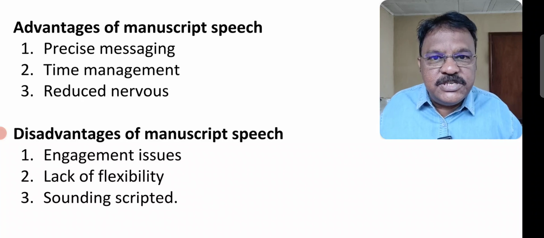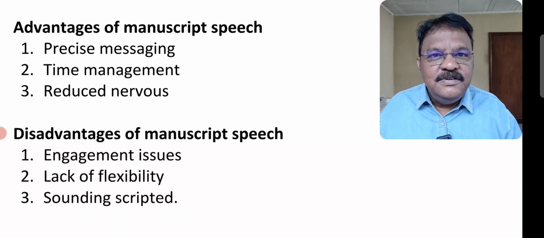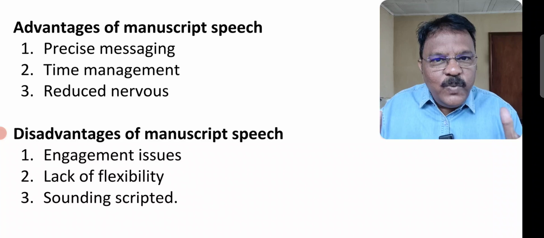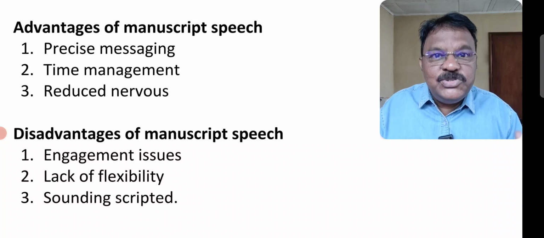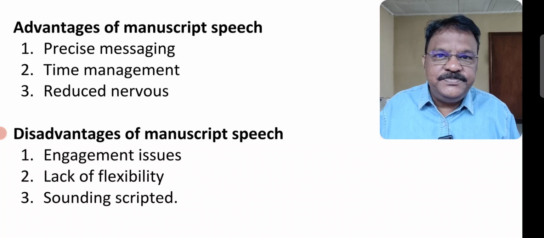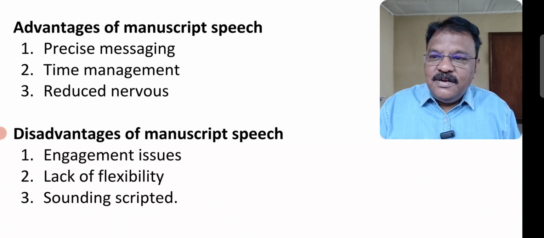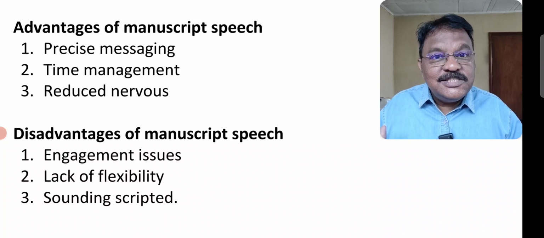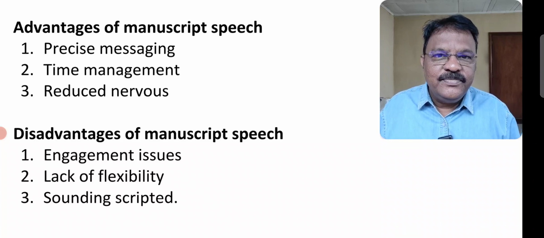But here in manuscript speech, there is no flexibility. You need to put yourself within the context and the text that is written on the paper. Good. Number 3, you will sound scripted.